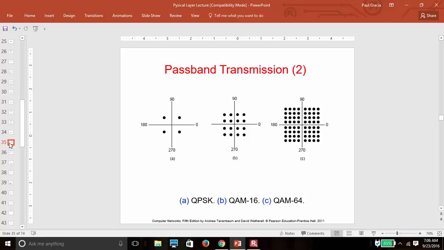And we see this example. This is a first example where we just have our 4 phases, so we can represent 2 bits. In the second one, each dot represents different angles. Well, these two are at the same angle. This is at a different angle. So these are the same phase but different amplitude. Every location on this axis, like I said, the angle represents the phase, and the distance represents the amplitude.